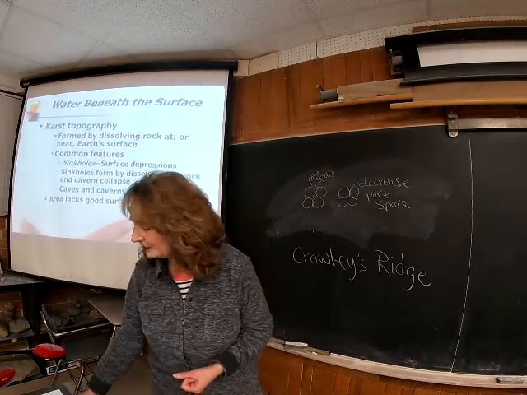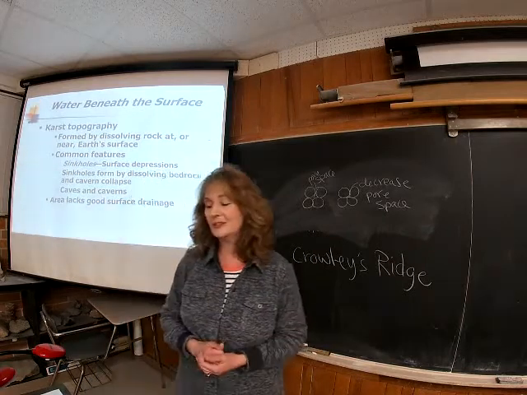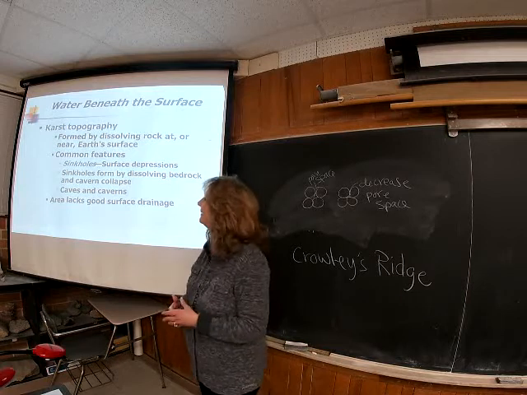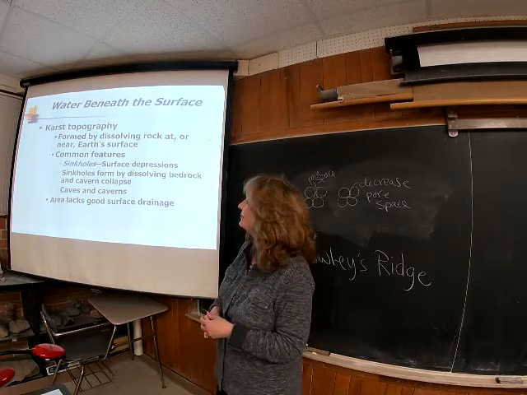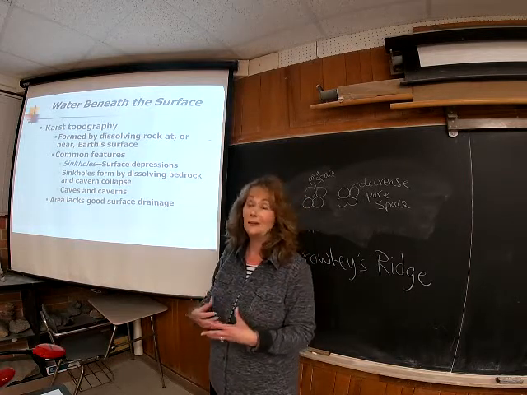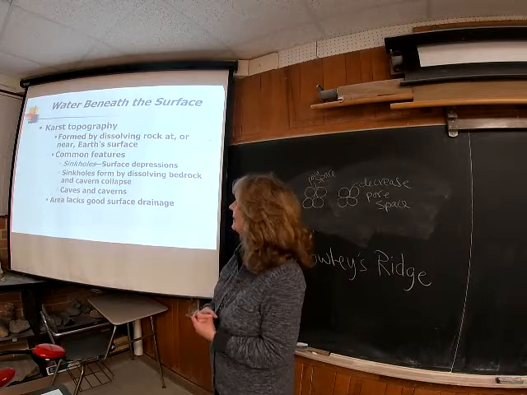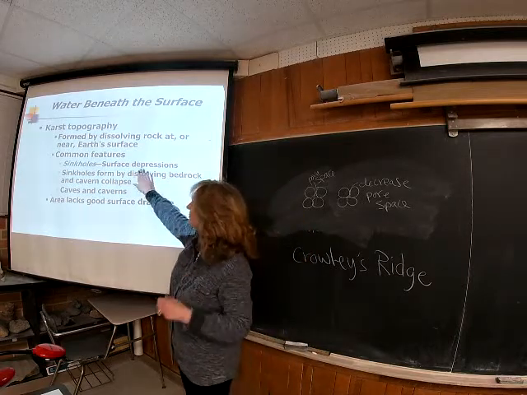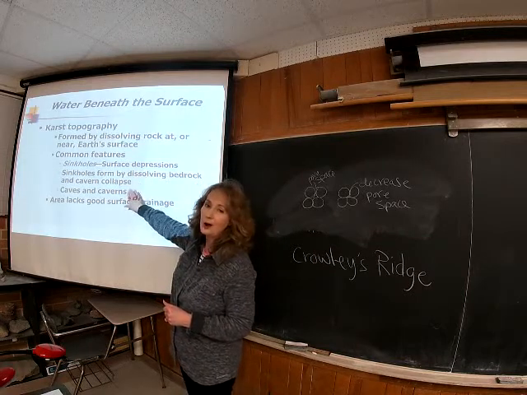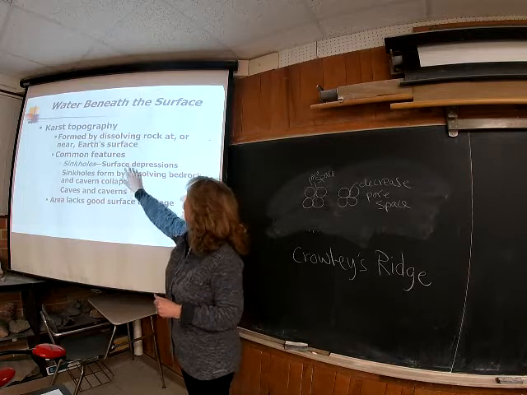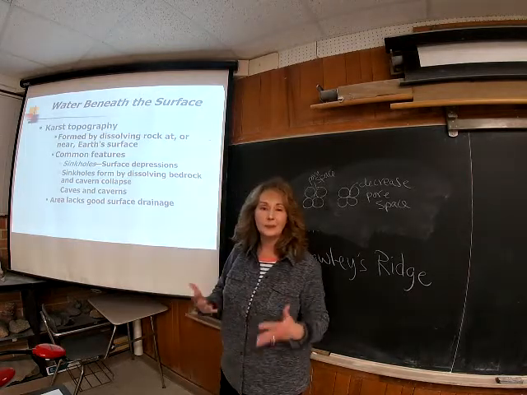So karst topography, as mentioned in another document there, is formed by the dissolving of the rock at or near the Earth's surface, right? So work of groundwater in there. And again, caves, for one, things that are very common in karst topography, caverns and caves, and those sinkholes. So surface depressions, right?